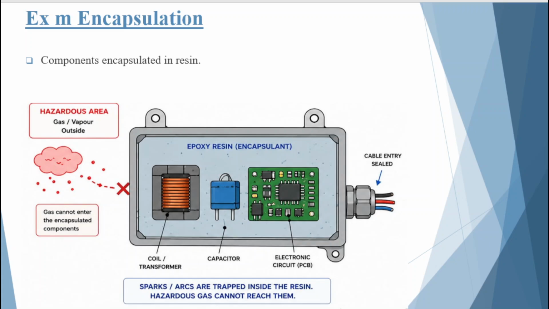As shown in the illustration, the electrical components are fully surrounded by the encapsulating material. This protective layer not only isolates the live parts from the hazardous atmosphere but also provides excellent mechanical protection against moisture, dust, vibration, and corrosion.